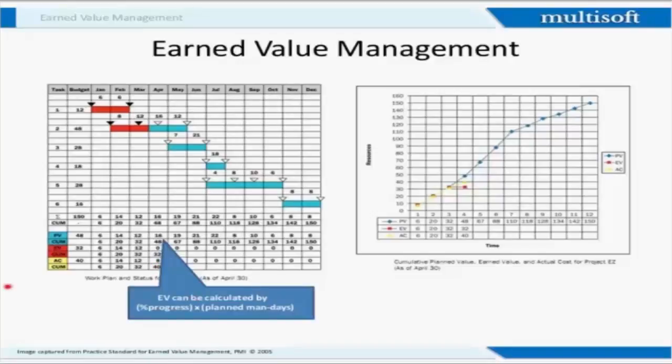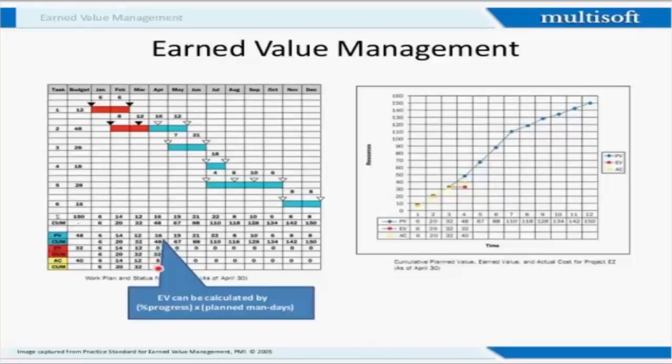Is it clear? So does this mean that this project is on track as per schedule and as per budget? See, here what is my EV? The PV is there, EV is around 32. 32 is my cumulative EV, and my actual cost is 40.